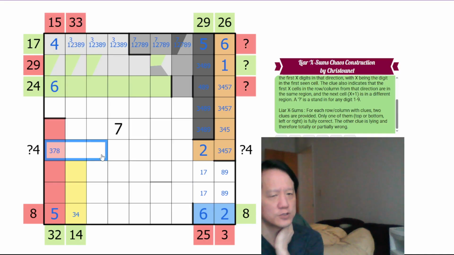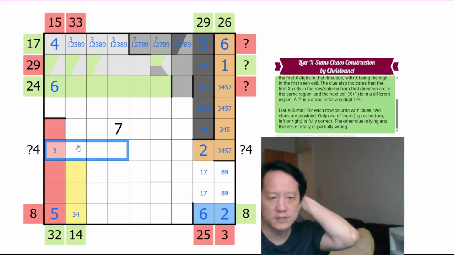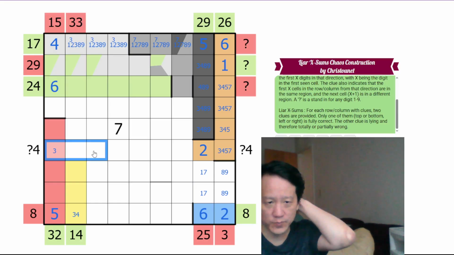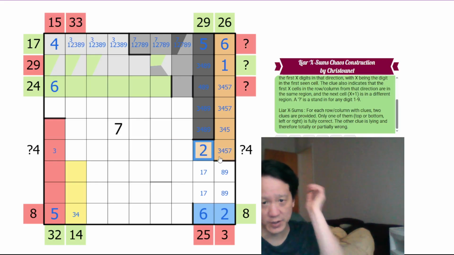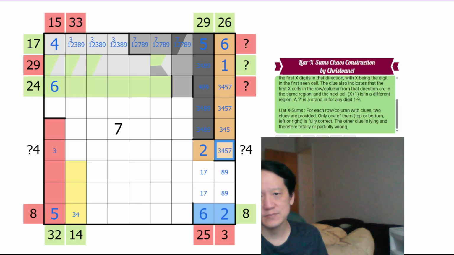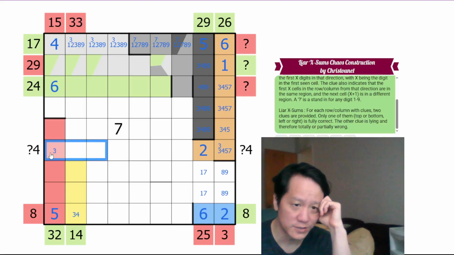If this is 14, it can't have 7, and it can't have 8. So if this has a 4, it's 14. It has to be 3 digits here. If this is 14, which it can only be, it could also be 3, 2, something. So this would be 3 in that instance. That's interesting.